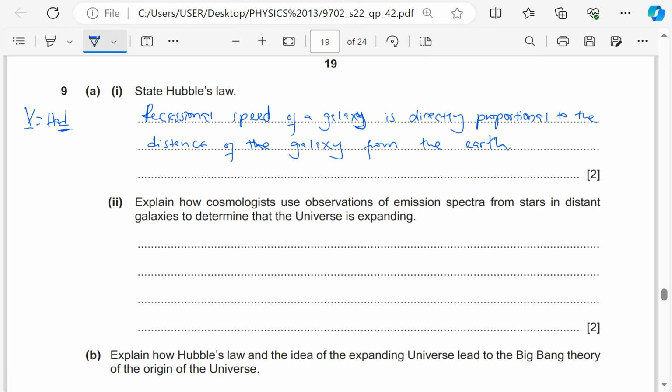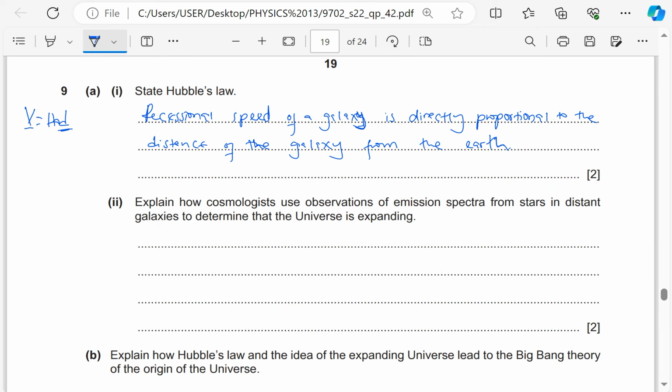Explain how cosmologists use observations of emission spectra from stars in distant galaxies to determine that the universe is expanding. Of course, the wavelength of these spectral lines must be examined, and then compared with their known values in the laboratory. If there is a redshift, then it means the galaxies are moving away from the Earth.